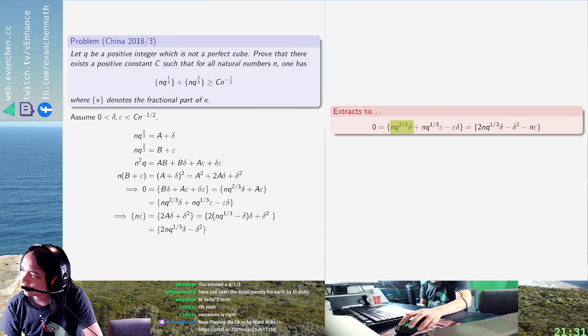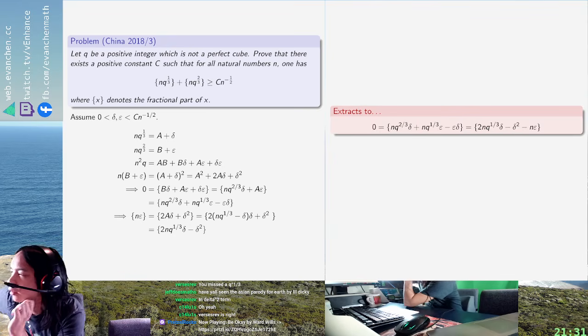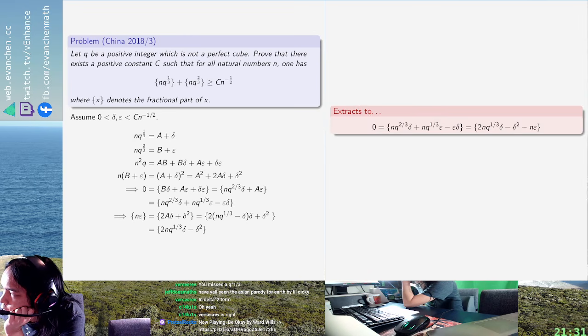The problem is this grows too quickly, and delta grows a little faster, so you're screwed. So that doesn't tell me very much.